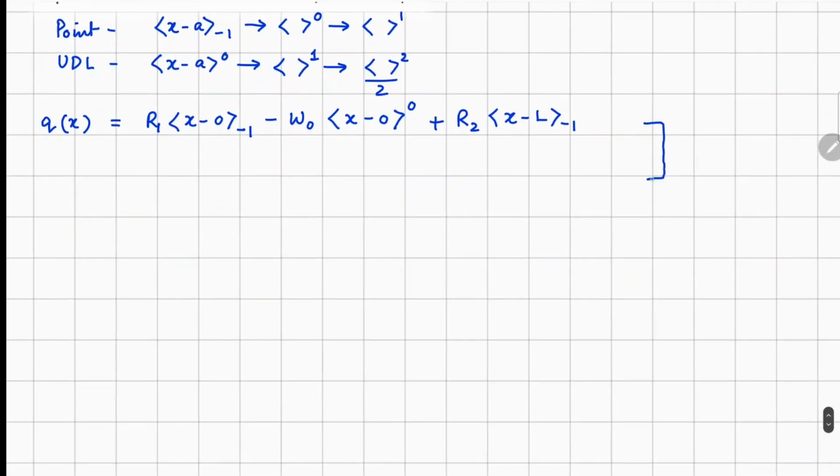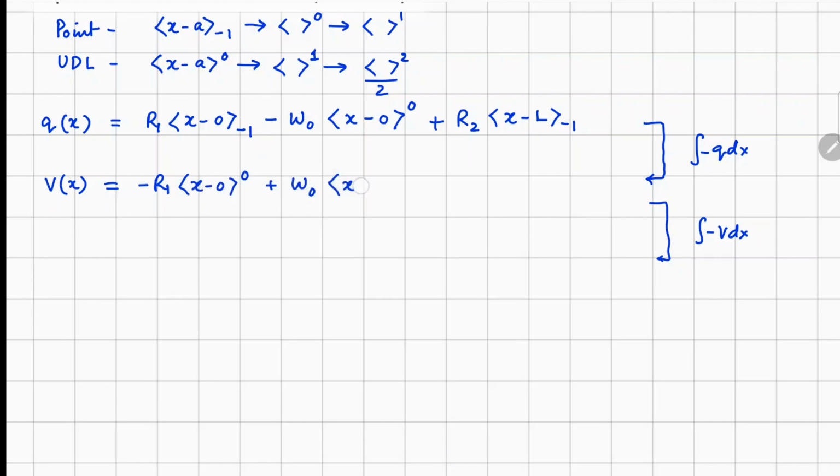Now to get your shear force, we can integrate this one time, and one more integration will give us your bending moment. So if you look at your shear force, this is going to become minus R1 (x minus 0) to the power 0 because of integration, plus W naught (x minus 0) to the power 1, minus R2 (x minus L) to the power 0.